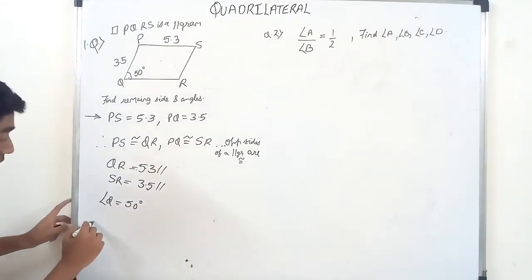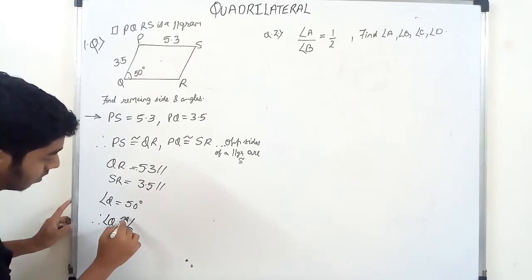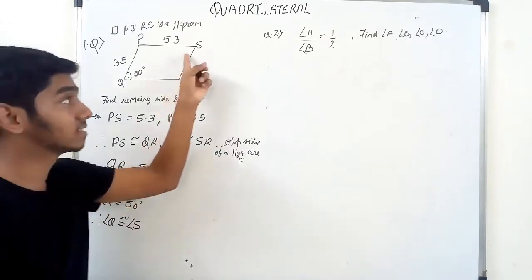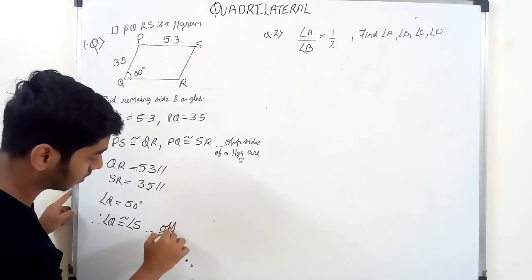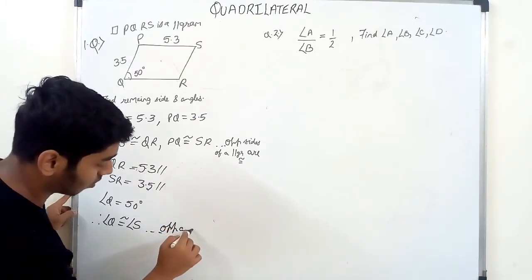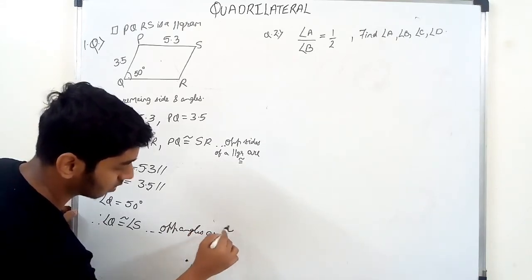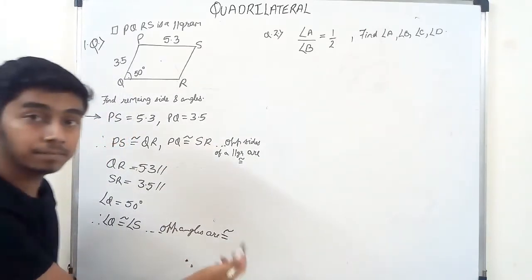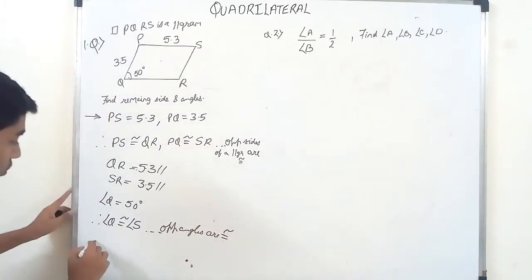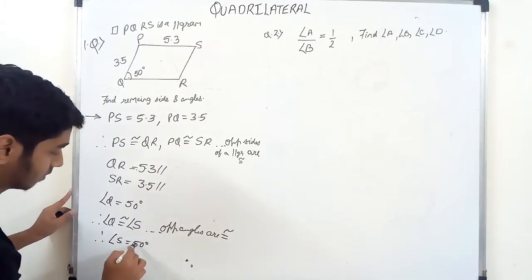Therefore, we can say angle Q is congruent to angle S. The reason is opposite angles of a parallelogram are congruent. You can write that whole statement here as the reason. Therefore, angle S is equal to 50 degrees.